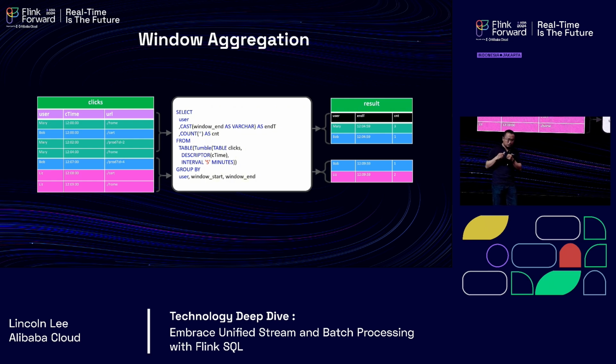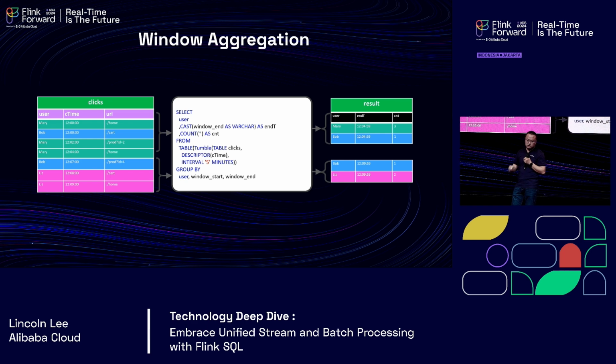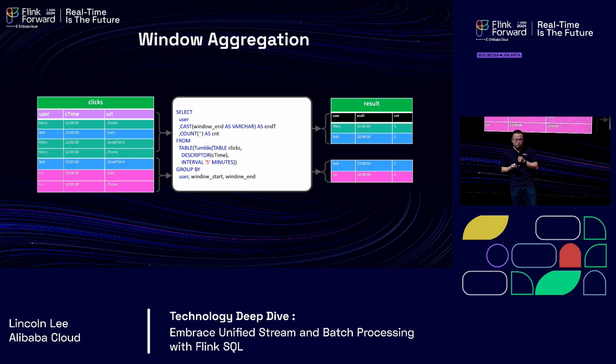Here is a detailed window operation, a window aggregation example. We calculate a counter result based on the click log, and we will have the window result. On the right side, there are 2 batches of window results. Window aggregation makes stream computing simpler for users, but it has its own limitation.